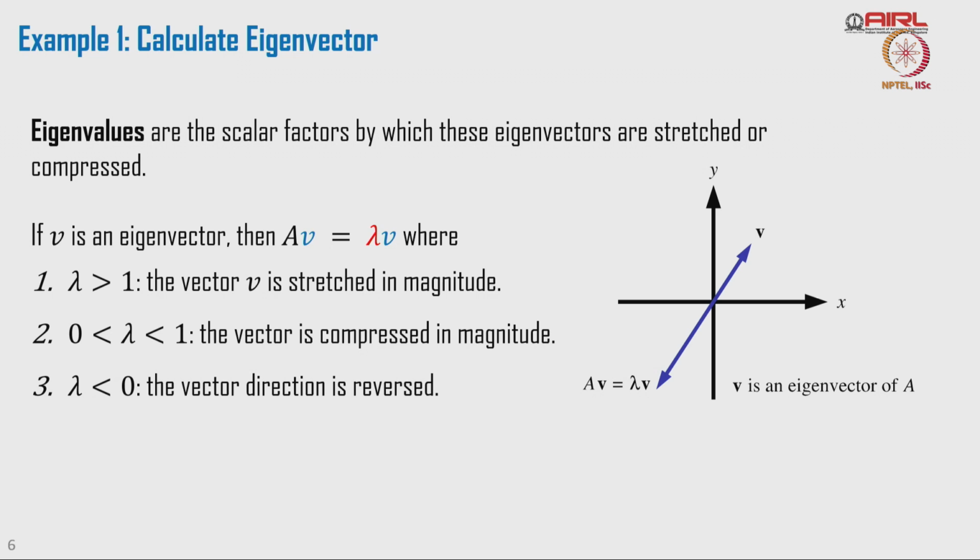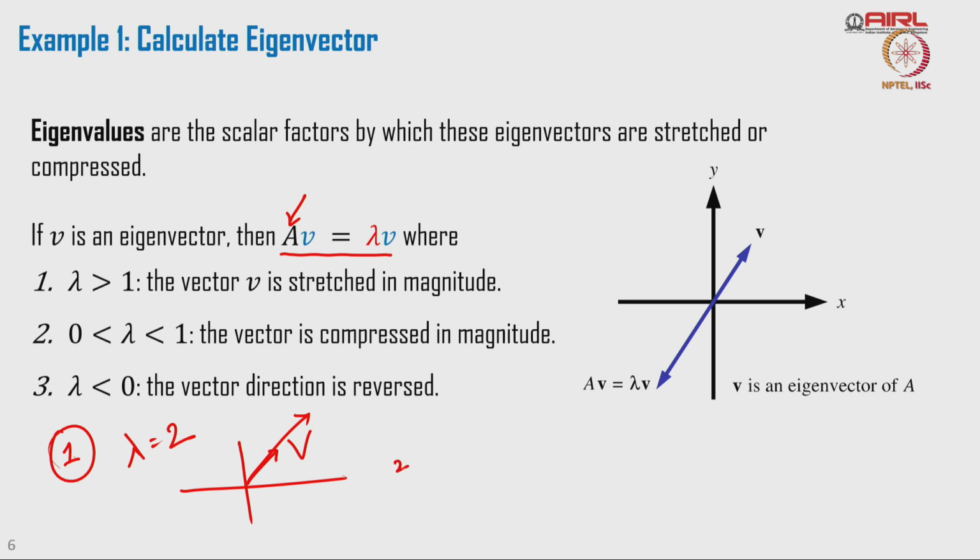Now let us look at a very simple example where we have a system described by a linear transformation A, and there are 3 cases here. In case 1, lambda is greater than 1, let us say lambda is 2, and if we have a vector V like this, all that will happen is the vector will just get extended, nothing else.